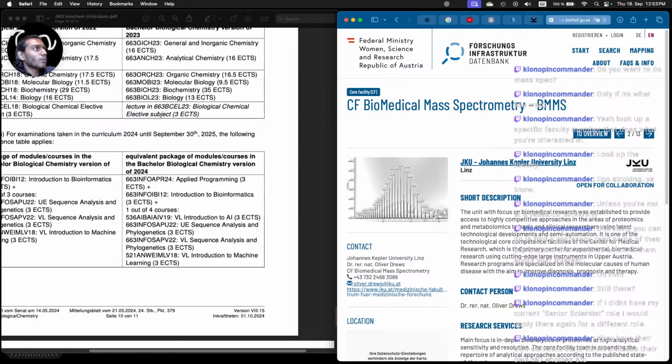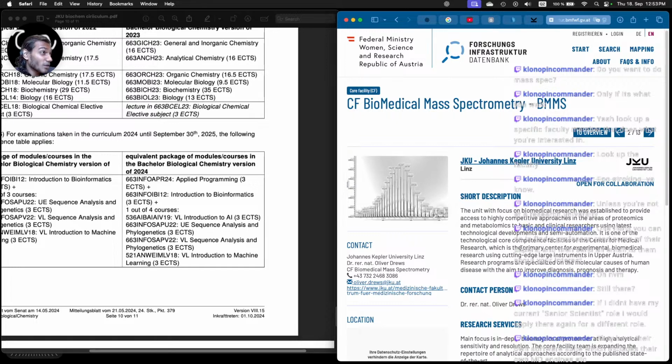I mean, biomedical mass spectroscopy, I wouldn't say it's specifically what I want, but the unit would focus on biomedical research established to provide access to highly competitive approaches in areas of proteomics and metabolomics to basic and clinical research using latest technological development and semi-automation.